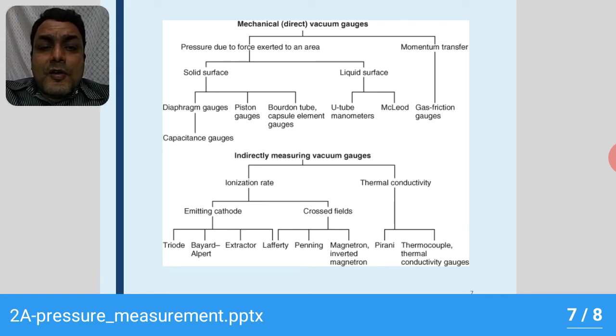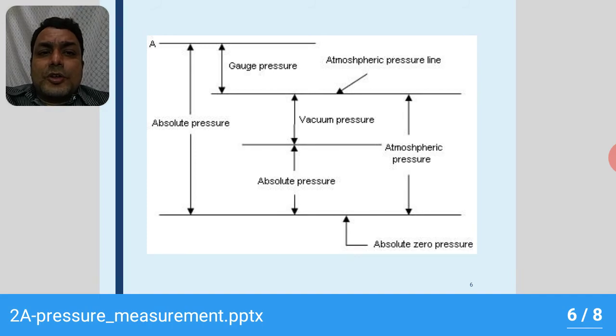So, these are the fundamentals of pressure measuring instruments, where different pressures are considered for measurement by using different instruments. We can see in the diagram, above atmospheric pressure we have gauge pressure, below atmospheric pressure we have vacuum pressure. So all the instruments cannot be used for measuring different pressure ranges.